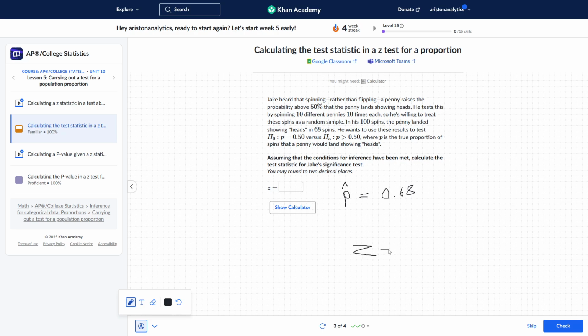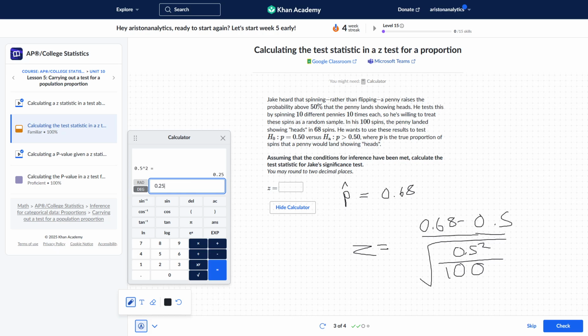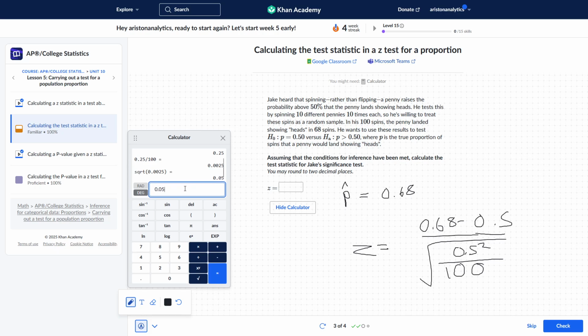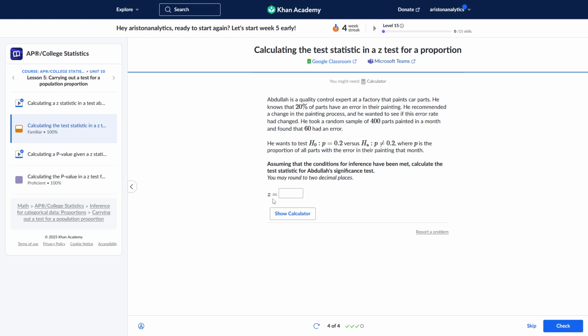Okay, z equals minus 0.5. Calculate the test statistic for Abdullah.